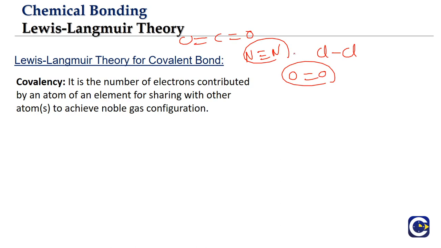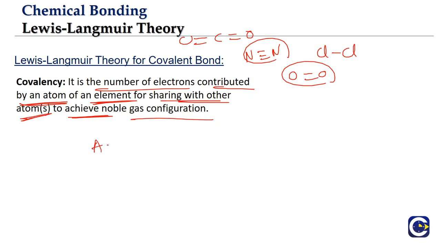So what is covalency? We already talked about electrovalency in the Lewis-Kossel approach. Covalency is basically the number of electrons contributed by an atom of an element for sharing with another atom or other atoms. Why are they sharing? So that they can achieve the noble gas configuration. What does this mean?